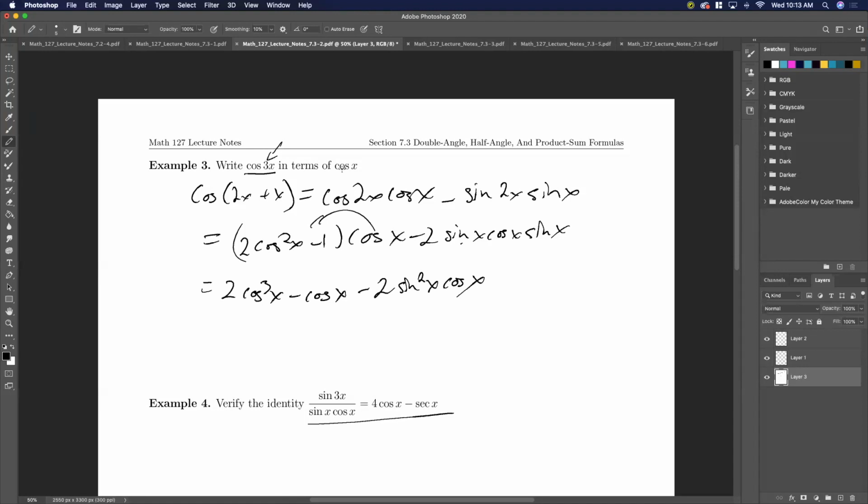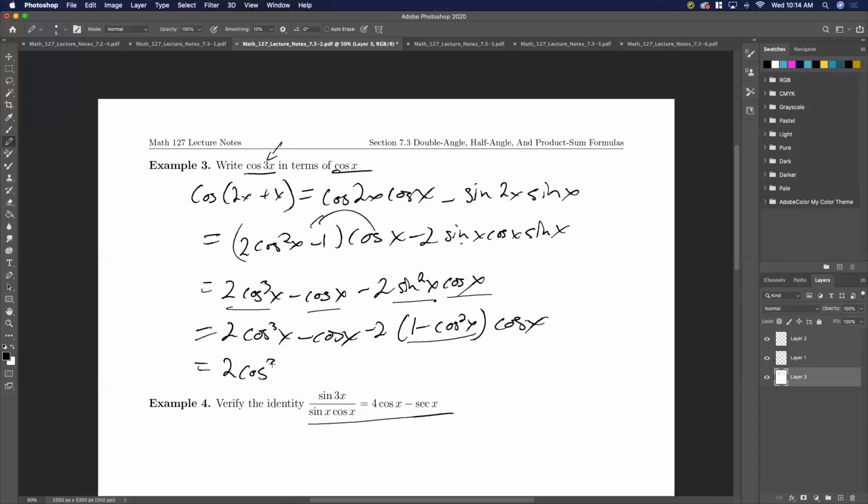All right, and I want to write this only in terms of cosine. So here I have cosine, cosine, cosine. Well, can I write this in terms of cosine? Yeah, well, here we're just going to write 2 cosine cubed x minus cosine x minus 2. Here I can rewrite this as 1 minus cosine squared x. Remember that, we've done this lots of times. This comes from the Pythagorean theorem. Cosine of x.